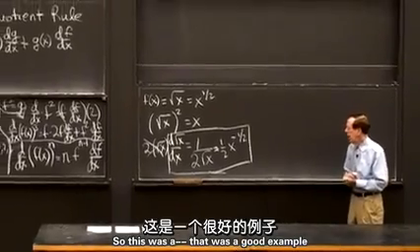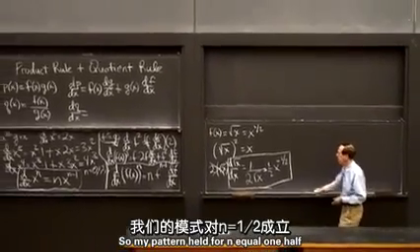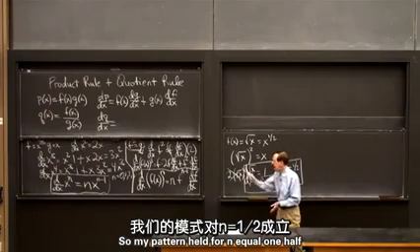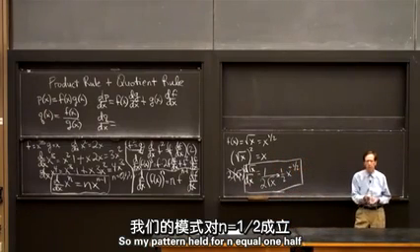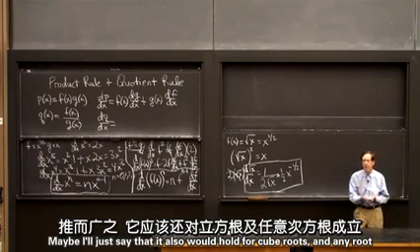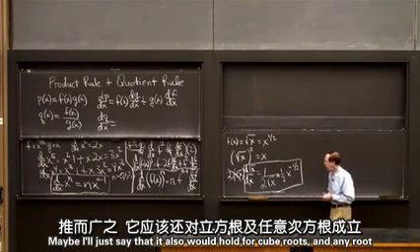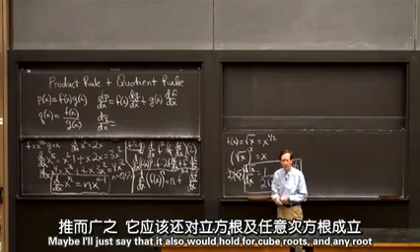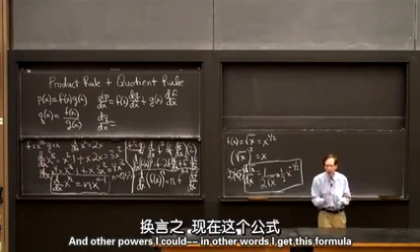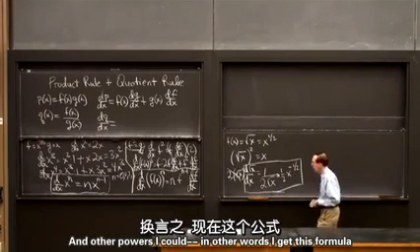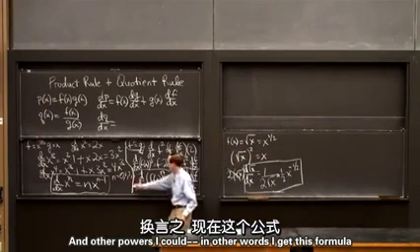Okay. Now, so my pattern held for n equal 1/2. And maybe I'll just say that it also would hold for cube roots and any root and other powers. So in other words, I get this formula.